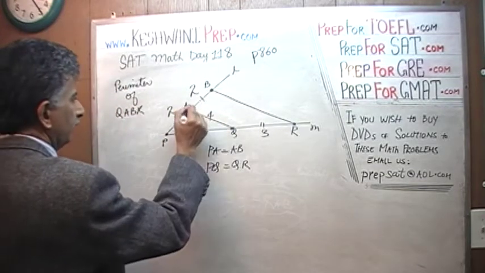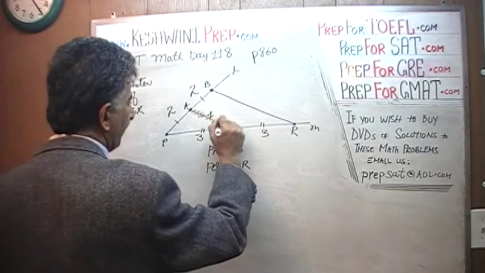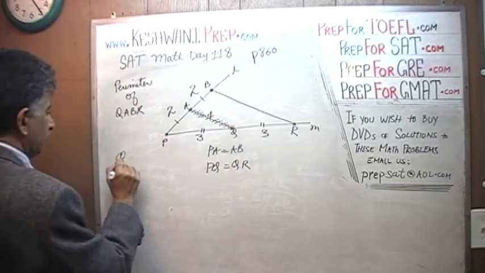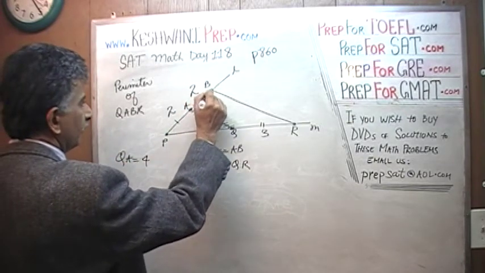QABR. For Q to A is very simple. QA is 4. A to B is very simple because it is just 2.